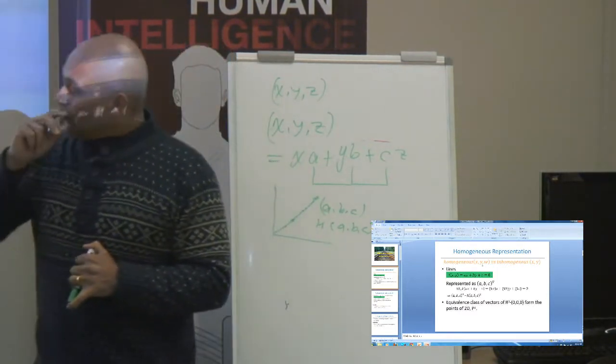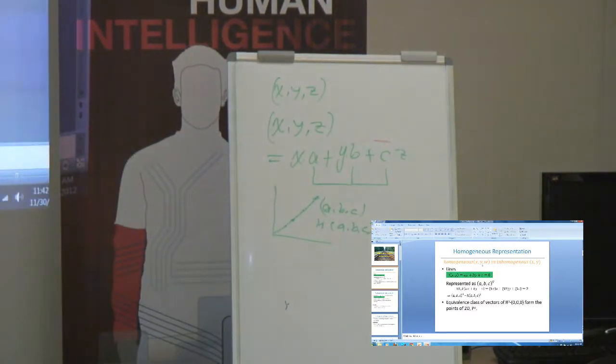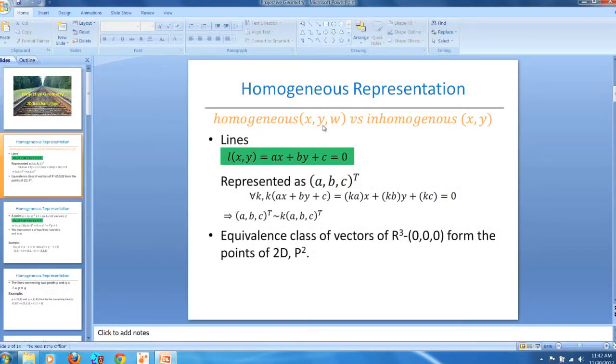Now, if we take any value k and multiply the equation by k, we get the same equation. We know from simple mathematics that we get exactly the same line. So we could write this by taking the k inside, which means that the vector (a, b, c) representing the line is equivalent to k multiplied by the scalar k.